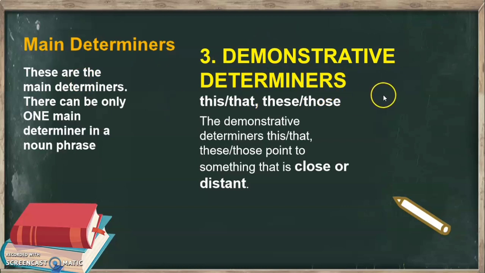So what are they? They are this, that, these, those. I'm sure you're familiar with the word demonstrative. Perhaps you are remembering demonstrative pronouns, right? But let's learn more about demonstrative determiners.